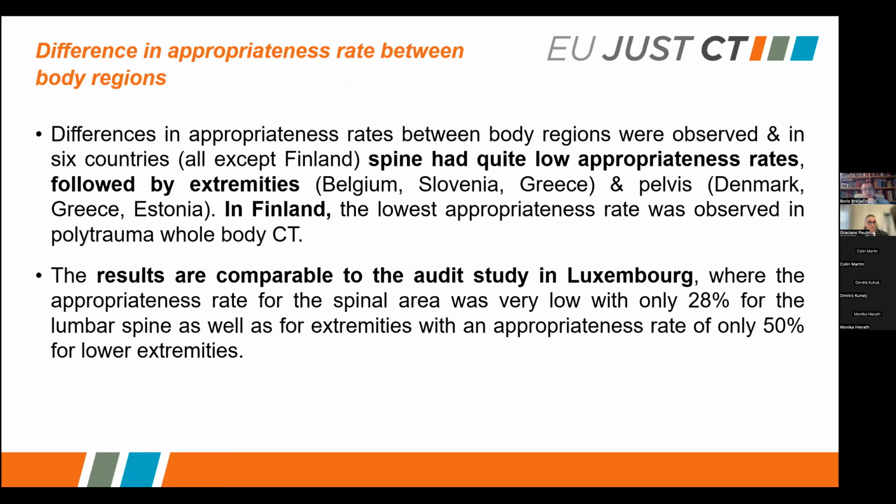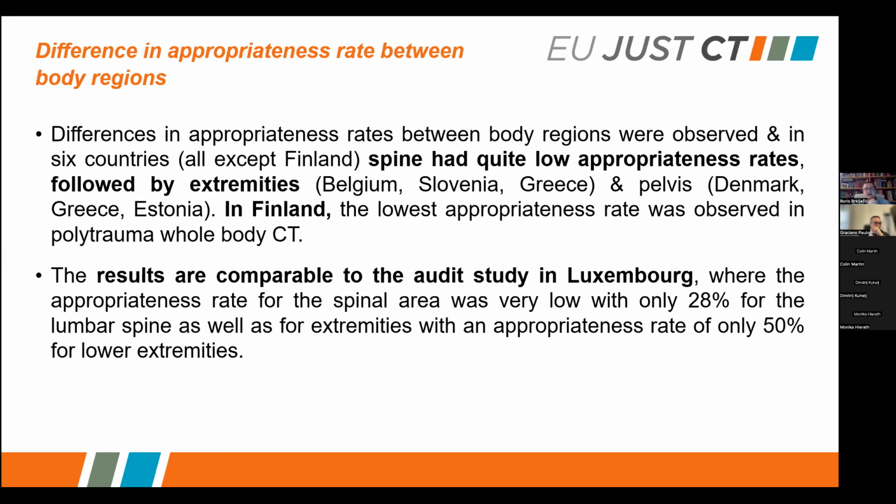Differences in appropriateness rates between body regions were observed in 6 countries, all except Finland, where spine had quite low appropriateness rates, followed by extremities and pelvis. In Finland, interestingly, the lowest appropriateness rate was observed in polytrauma whole body CT, but they have altogether quite good appropriateness rates and do much more MRI than other countries.